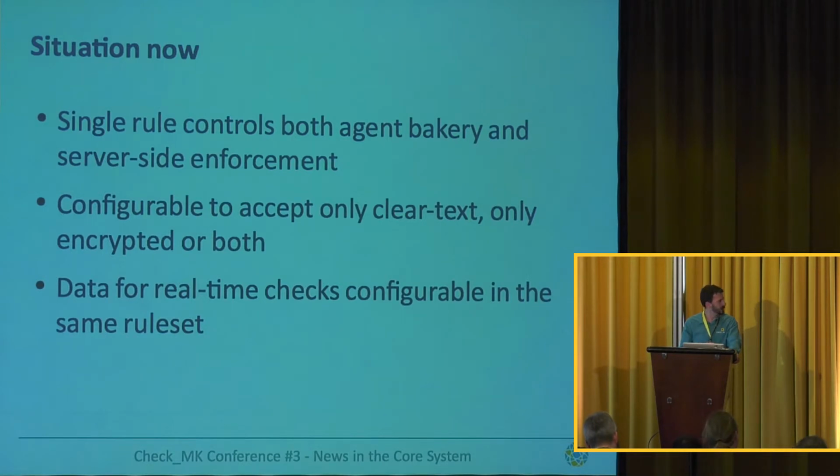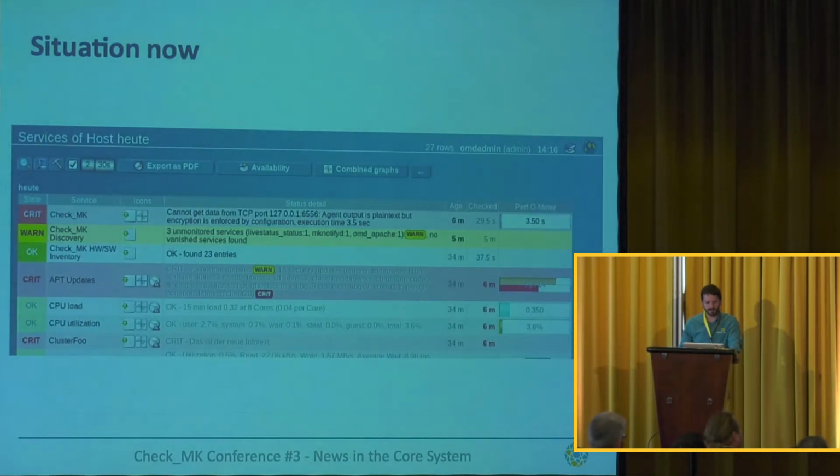The real-time checks are being configured with the same rule, and this one rule also controls the bakery. So this is one point where I really can have one rule controlling it for all the hosts. I don't have to make a comparison of what is being accepted because the bakery in this case does a central job of performing this. So let's say I have a host that encrypts its data nicely, and then something unencrypted comes in.